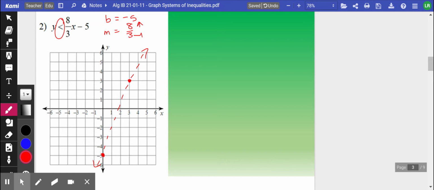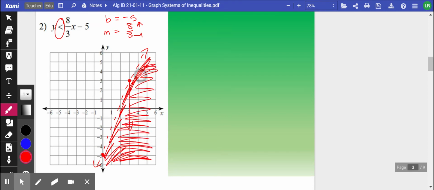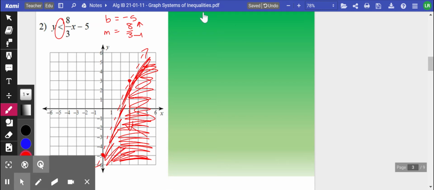It's like a teeter-totter. But if you're unsure, just put your pencil on one of the dots you made and draw an arrow down. That's down. So all of this stuff are solutions. All of those data points that are in that particular area are solutions for that one. All right. Any questions on that type of graph?